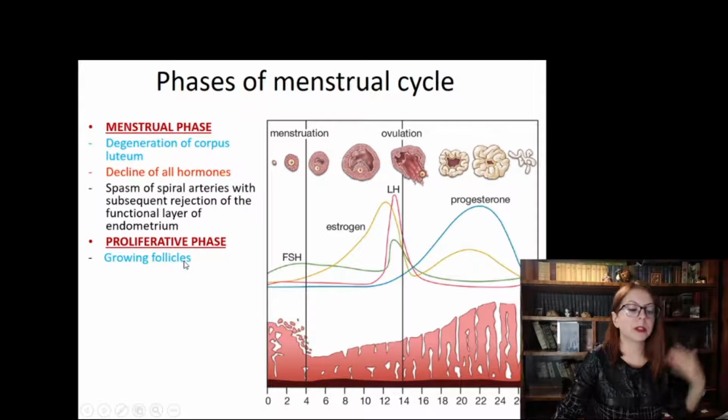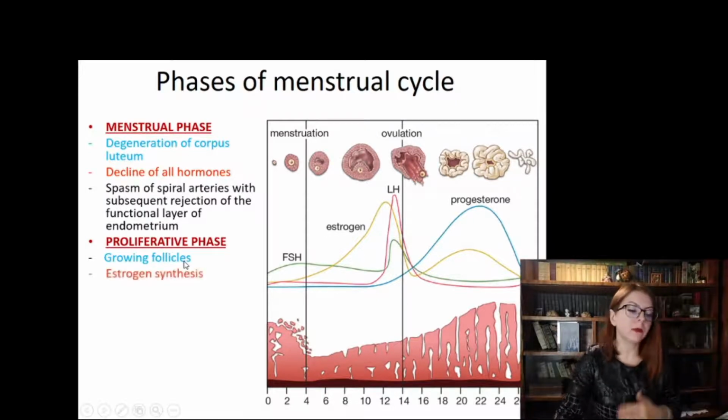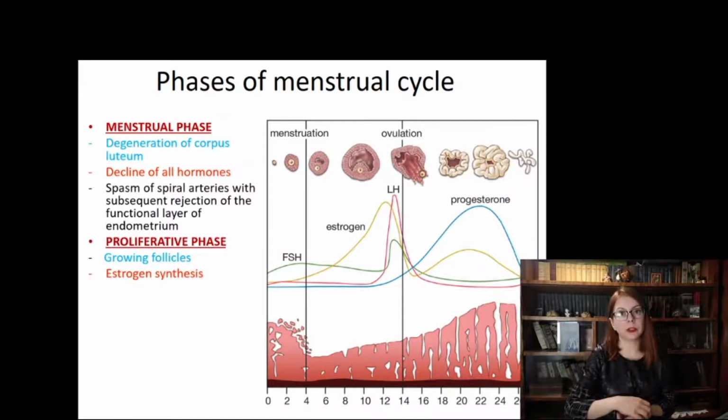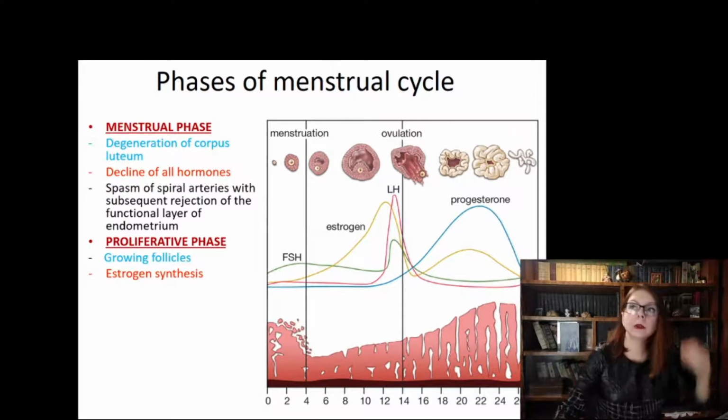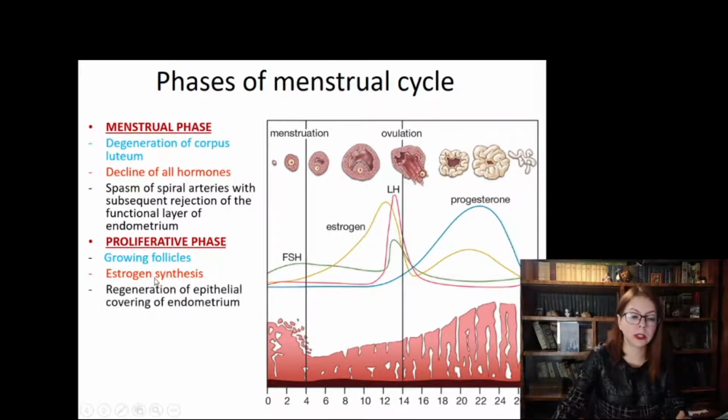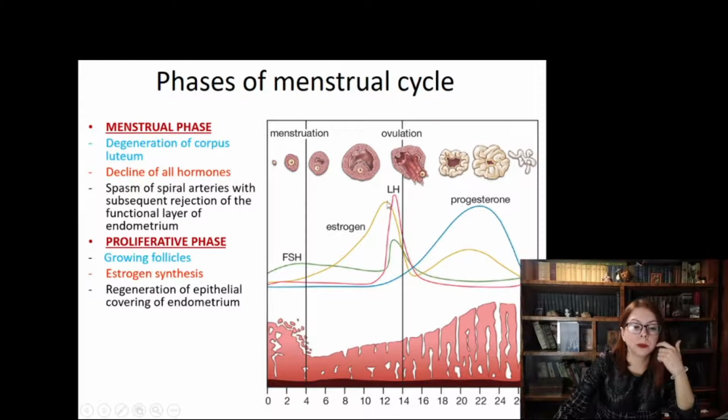As follicles start to grow, they produce estrogen. You remember, theca interna produces androgens, while granulosa converts them into estrogens. As estrogens increase in concentration, here we can see growing follicles produce more and more estrogens, becoming more and more mature.